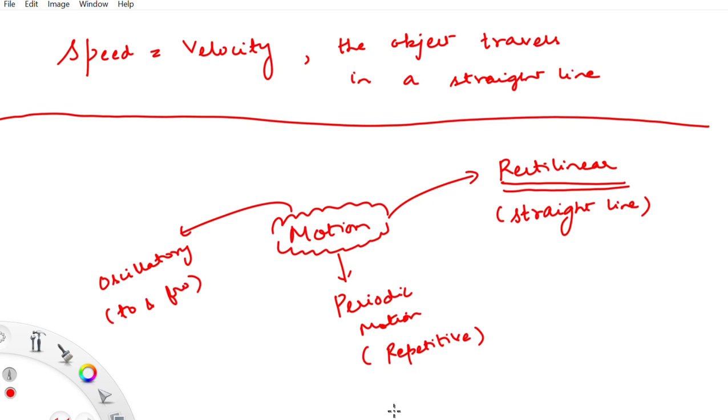Now, all of you must be having a question that if oscillatory motion is to and fro motion of an object, which is somewhat analogous to a repetition, and periodic motion also has a definition of being seen as a repetitive kind of motion, then what is the difference between them? Okay, let me give you a simple example. Let's say you have a pendulum, and here's the bob of the pendulum.